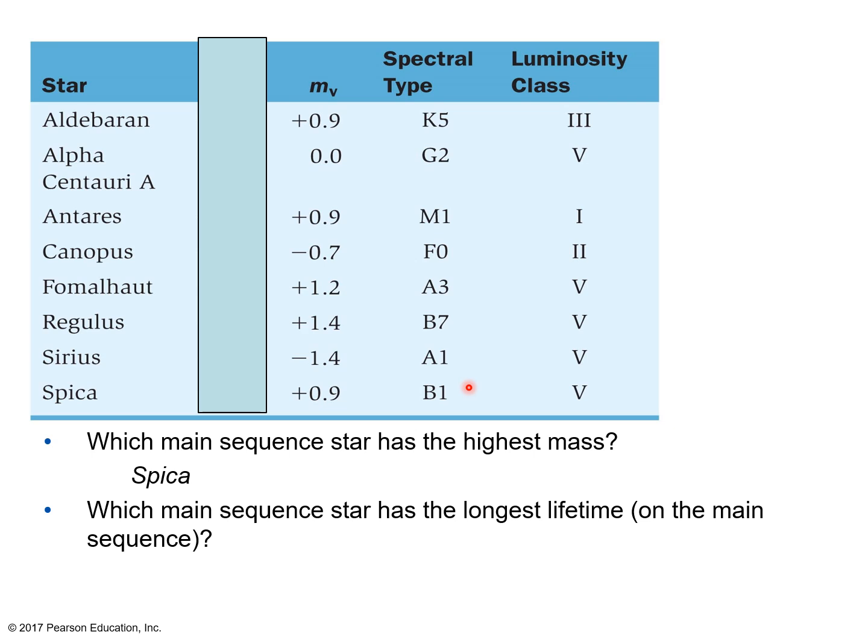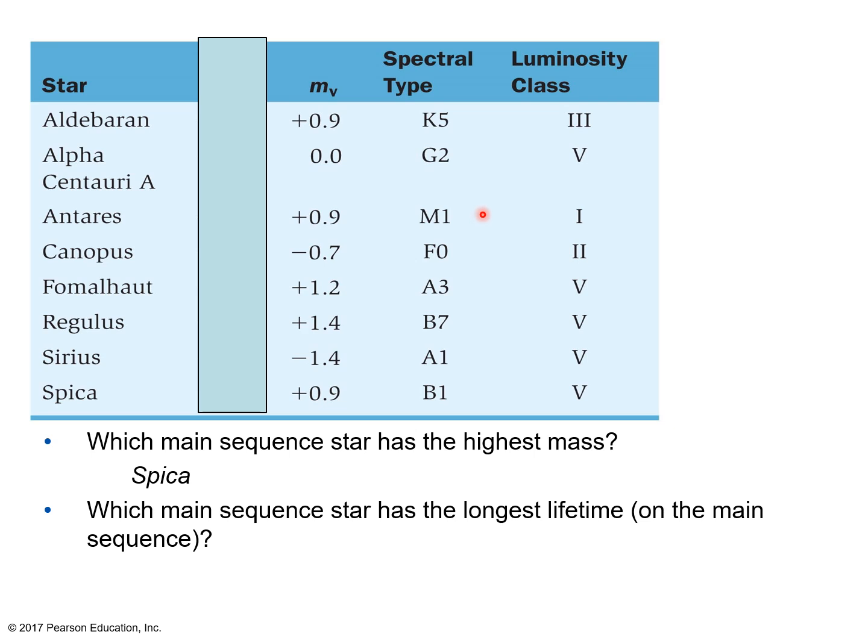Which main sequence star has the longest lifetime? Longest lifetime on the main sequence is going to be the one that's farthest down and to the right. So we'll look for M stars. Now, you can see this M star Antares, but it's not a main sequence star. The question says, which main sequence star has the longest lifetime? When we talk about the lifetime of a star, we're usually talking about the main sequence lifetime.